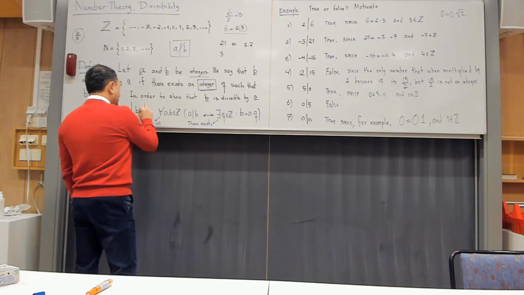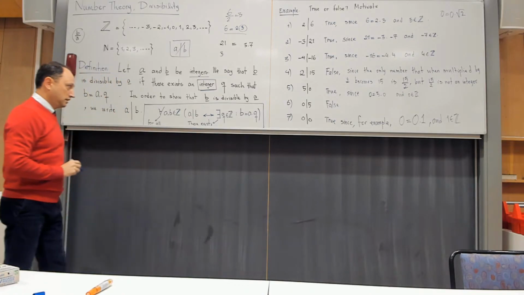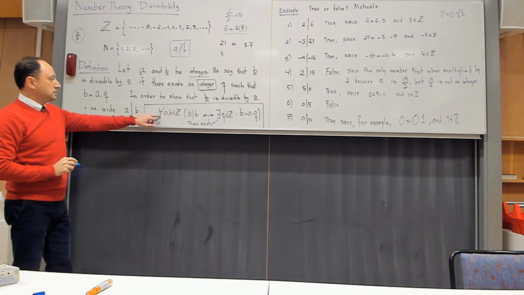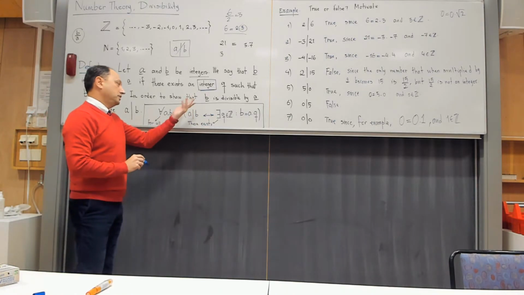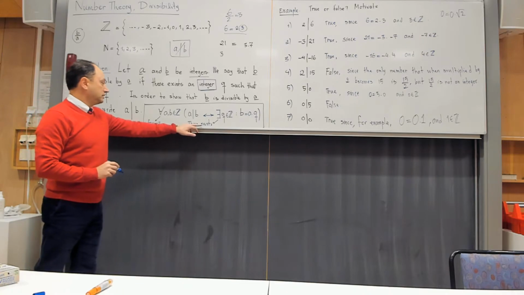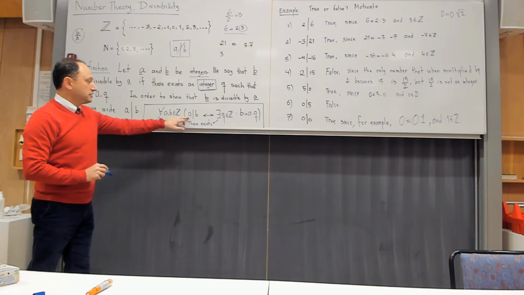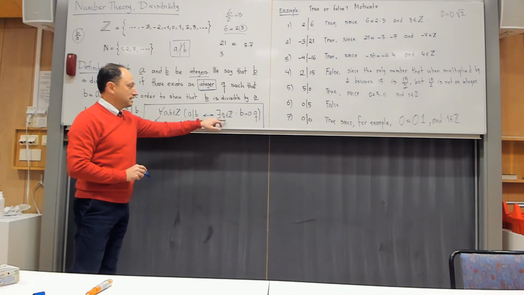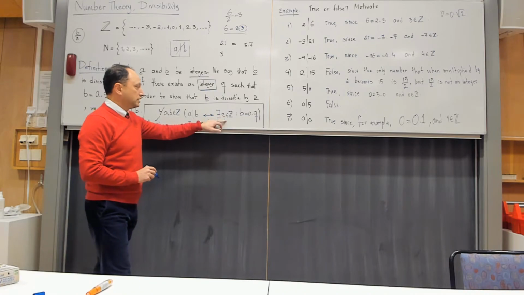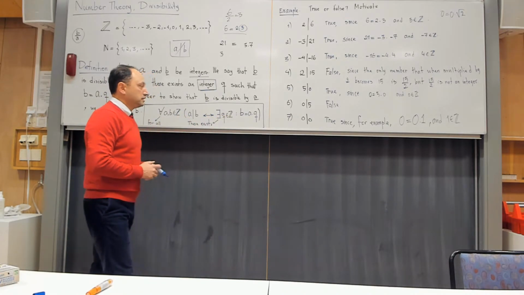So instead of writing so many words, you can actually write it in this language. So it is good to know this. This upside down A is called for all, and this, which is similar to E but in the other direction, is called there exists. So we say that b is divisible by a if and only if there exists an integer q such that if I multiply that q by the number on the left, it will give me the number on the right.